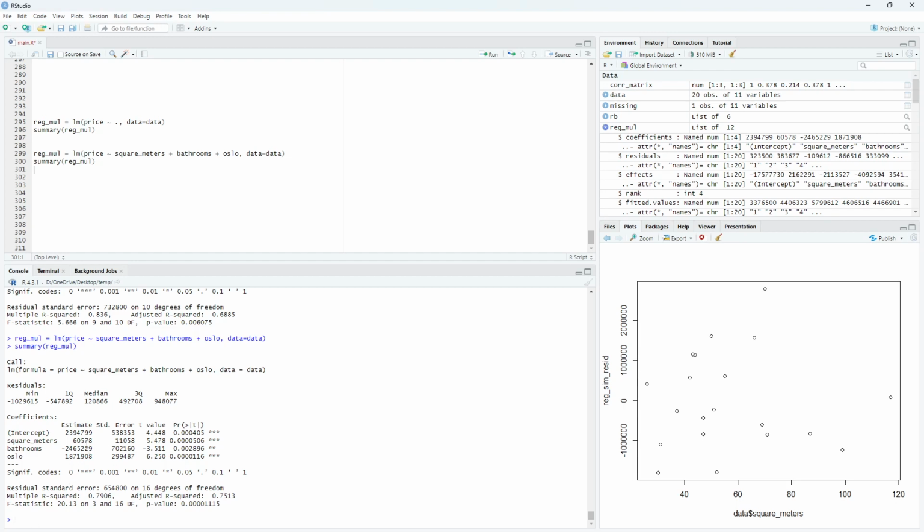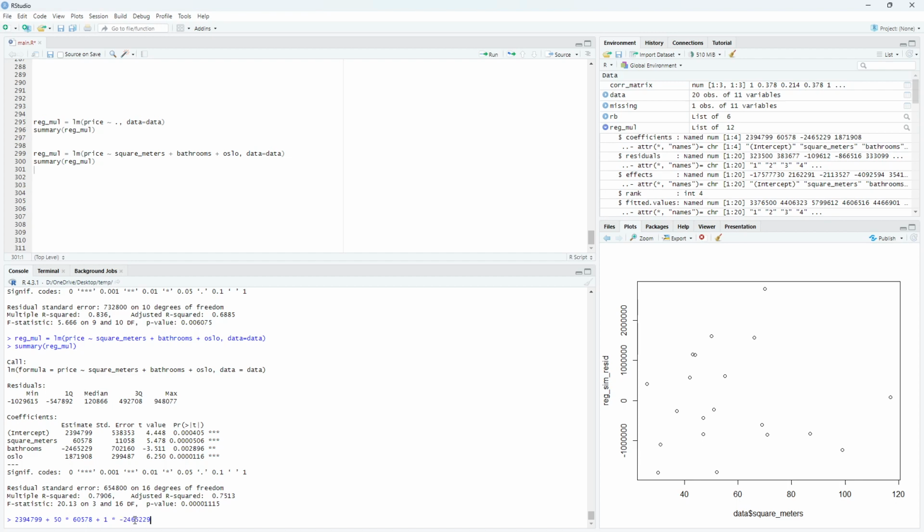For example, if we have an apartment in Trondheim, we have the intercept plus, for example, 50 square meters times 6,578, plus the number of bathrooms, maybe one bathroom for a 50 square meter apartment, times the price here, which is incredibly low.